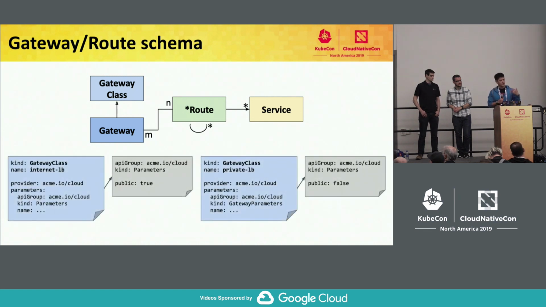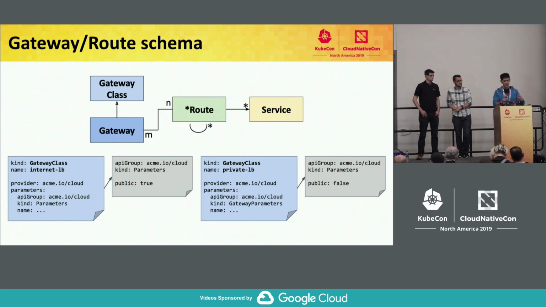So at the very top, we have GatewayClass. GatewayClass is very analogous to IngressClass. This is intended for the infrastructure provider to provide different kinds of load balancers that are available to the user of the cluster. Now, in this example, we have two gateway classes. One of them is Internet LB, and the other one is Private LB.